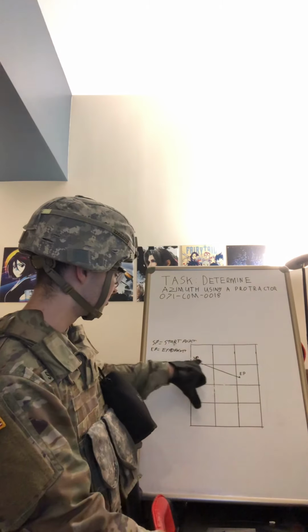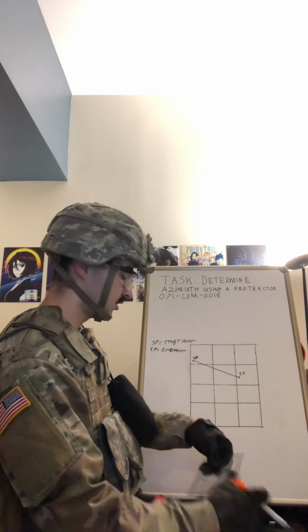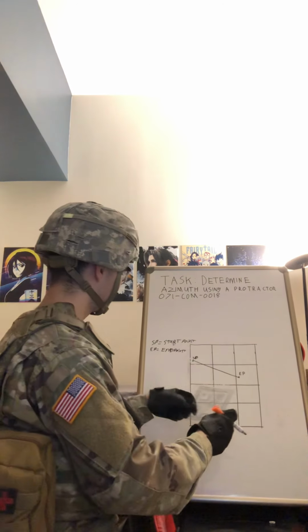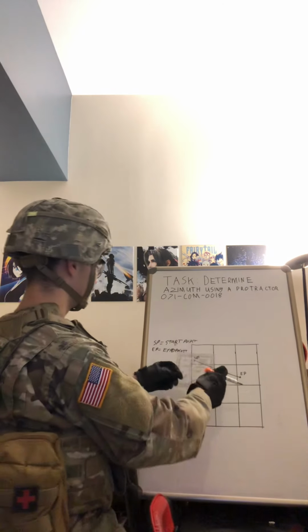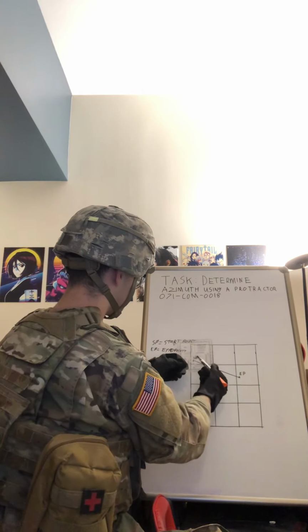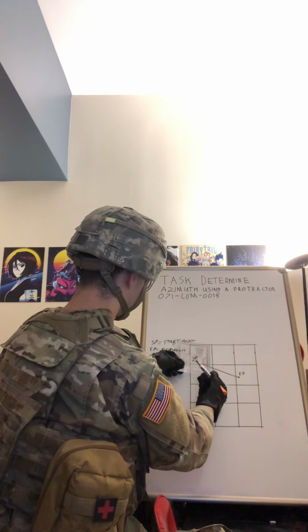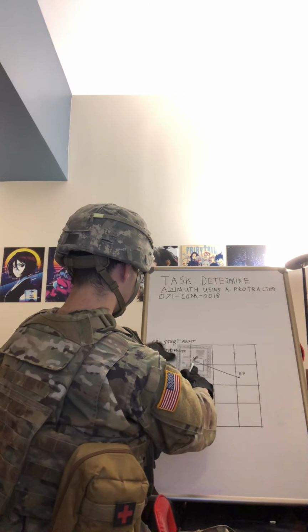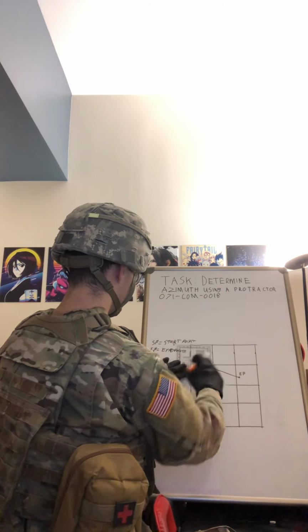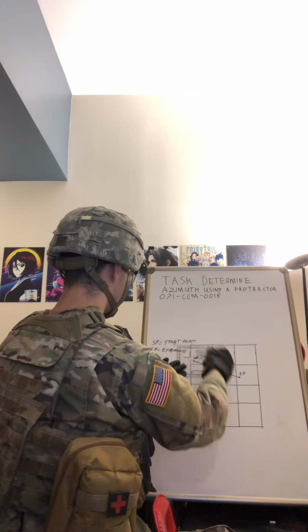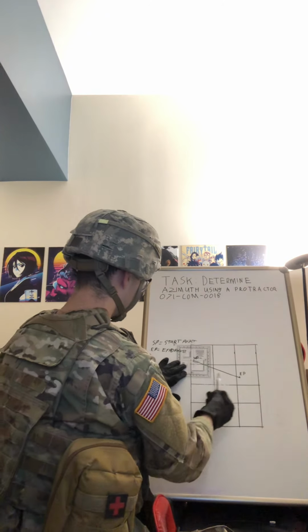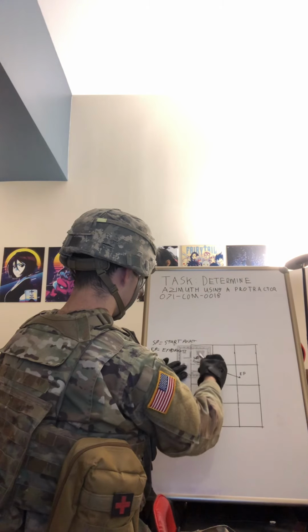So, you have your straight line, and now you will take your protractor to find the angle. You have the center dot. You put that center dot on top of your start point. You verify that your protractor is facing north and that it is straight up and down.